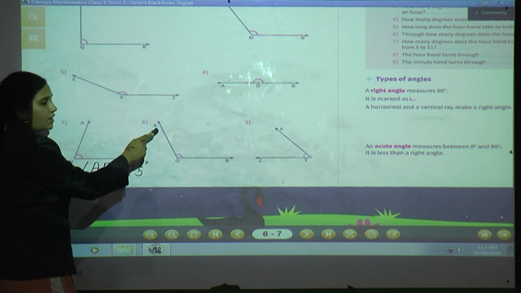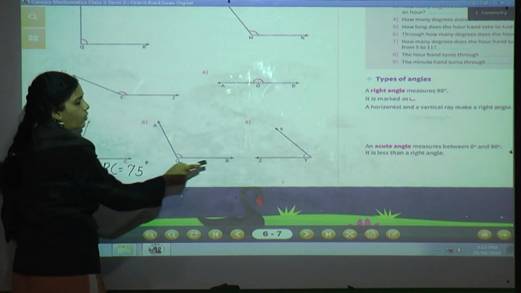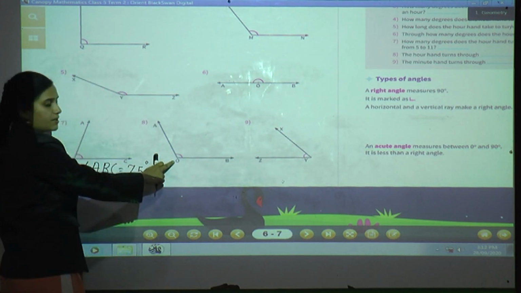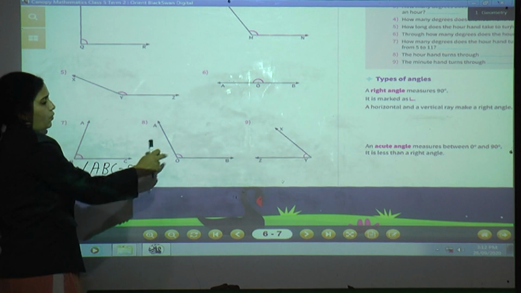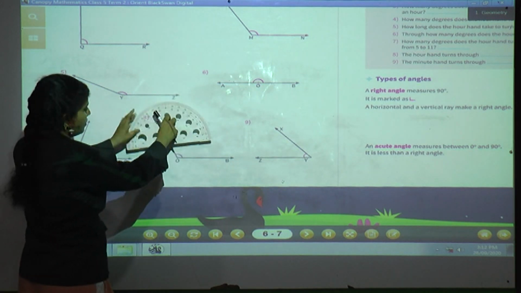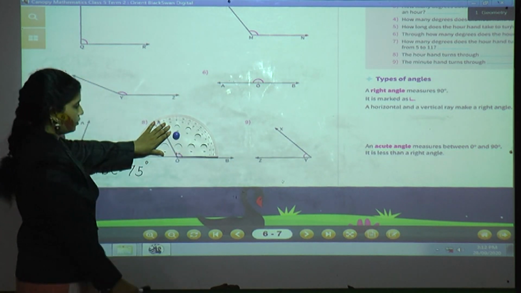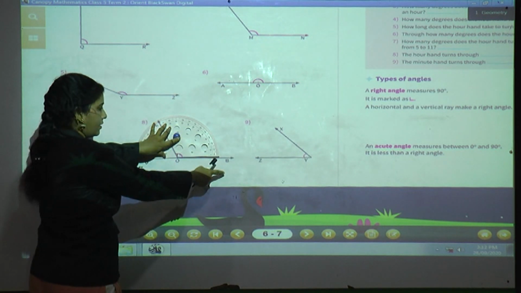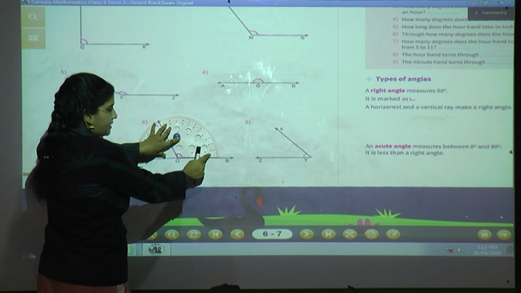Here is angle AOB. Angle AOB. Vertex is O. Place the center of the protractor on vertex O and measure it by the right side inner scale.